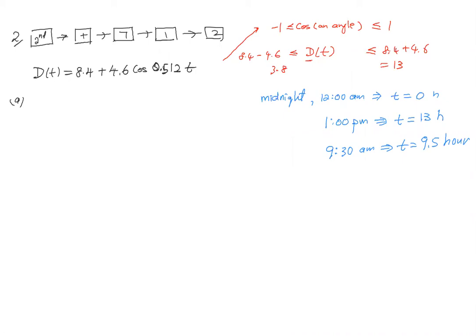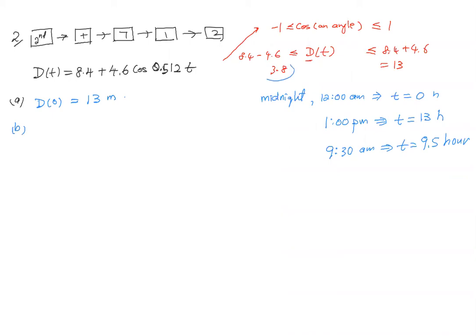Okay, so now let's go to part A. Find the depth of the water at midnight. So what do you need to do? D of 0. So you key into your calculator, you have that in your Y1, so you get your Y1. So the answer is 13 meters. So this is the highest point. Okay, part B. State the lowest depth.